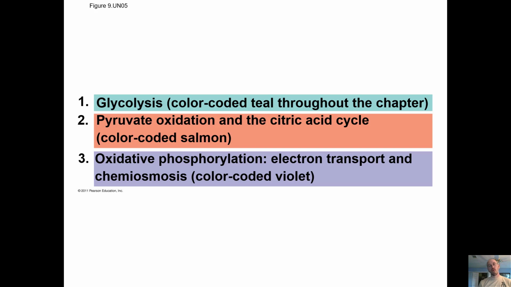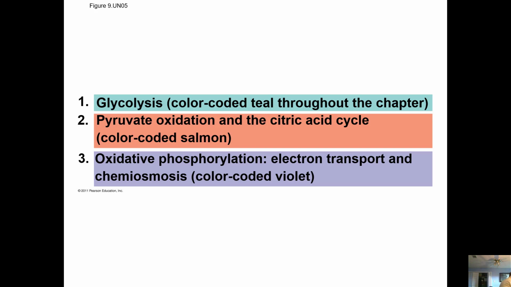And there are some really good guided reading questions on this that you should use to study. I want you to focus on the inputs and the outputs and the major things that happen in those reactions. We're not going to memorize every step.